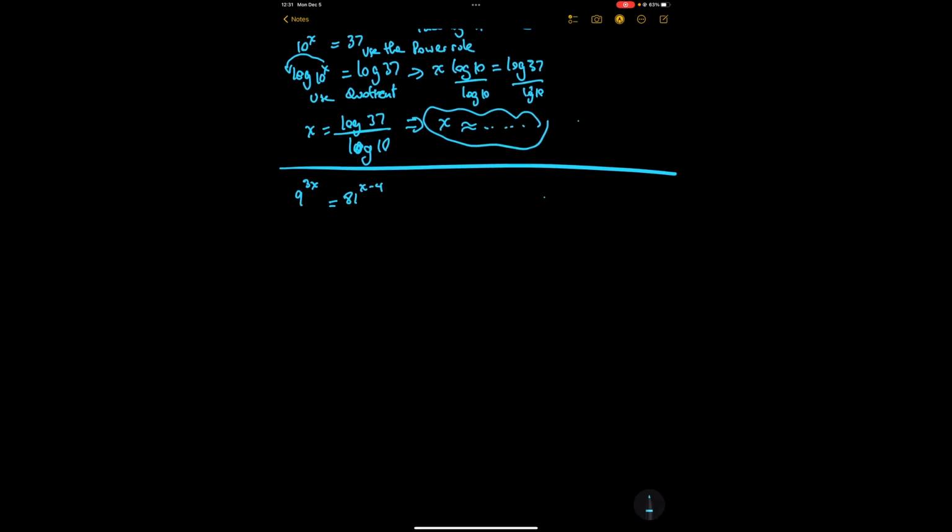Let me say this, guys. In mathematics, whenever you can find a pattern, use the patterns as much as possible. Here, I could just use logs. I could say, let's do log base 9 of 3x equal to log 81 of x minus 4.